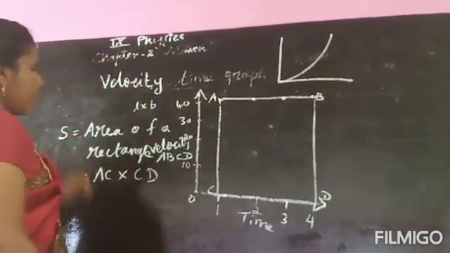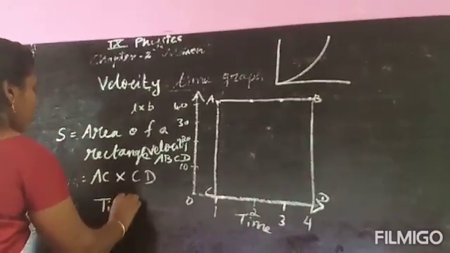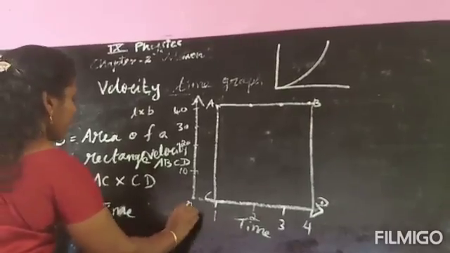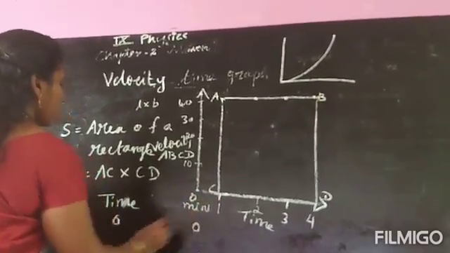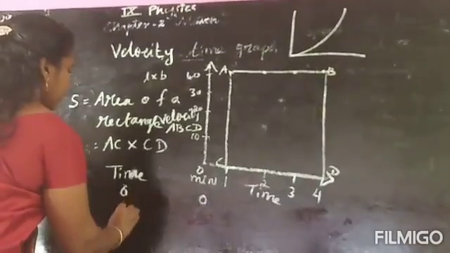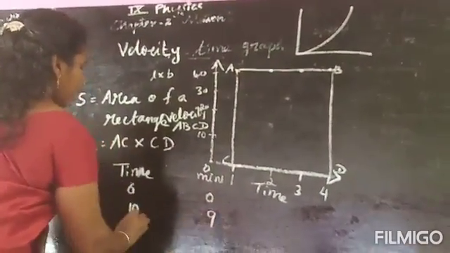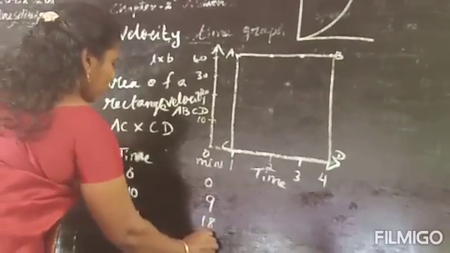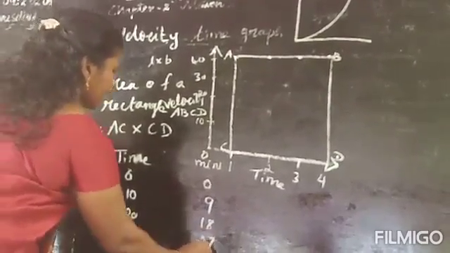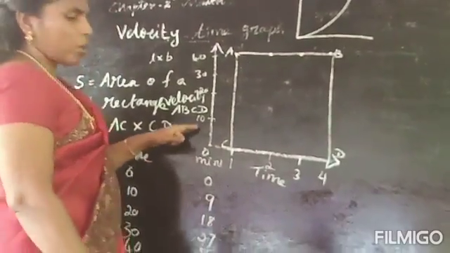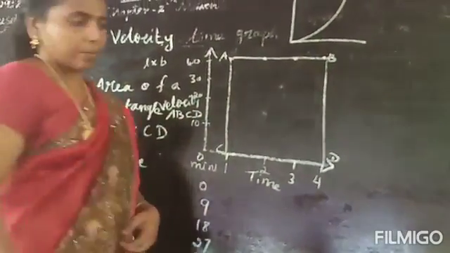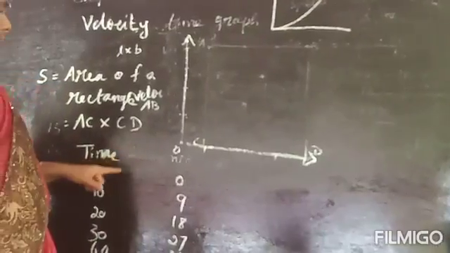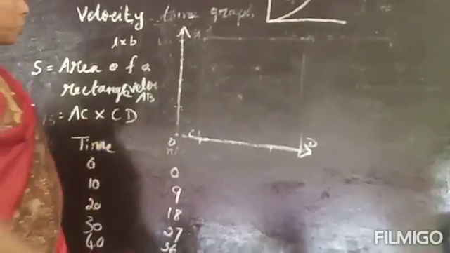So another one, value, time: 0, here minutes, here also 0, then 10 minutes, here 9, then 20, 18, 30, 27, 40, 36. So like that we can plot the graph. Listen, by these values we are going to draw a graph.